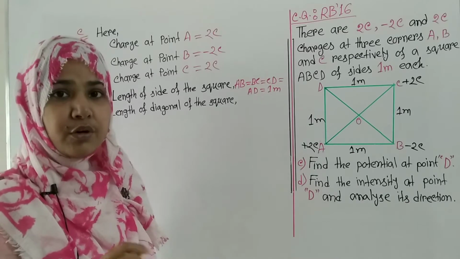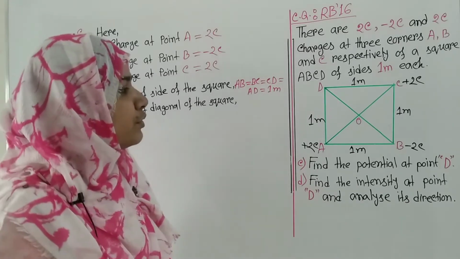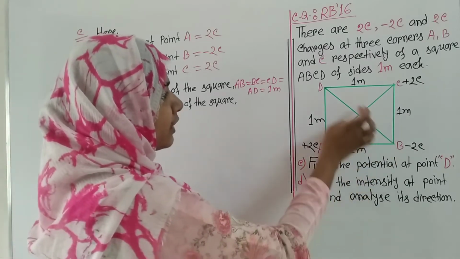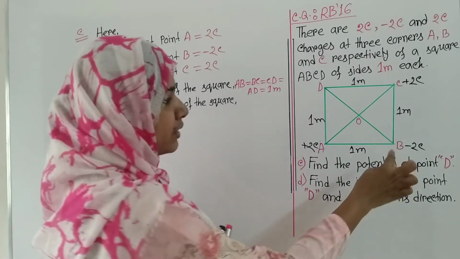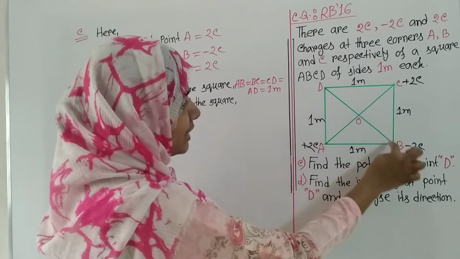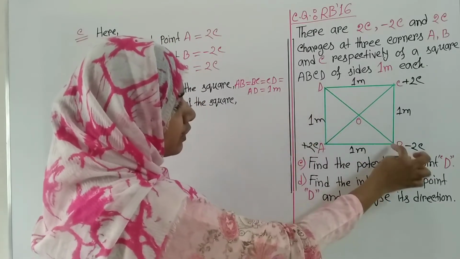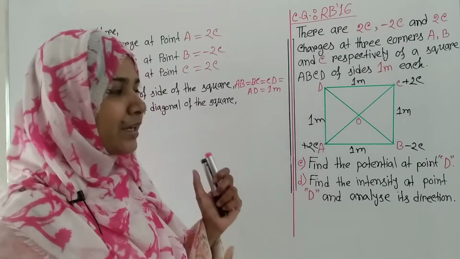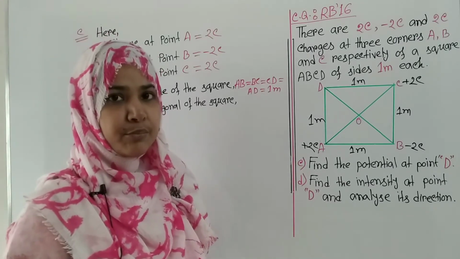The next information we need to calculate the potential is the diagonal. BD, the distance from the minus 2 coulomb charge, is the diagonal of the square. So we have to calculate the diagonal of the square. Then we can easily calculate the potential at point D.